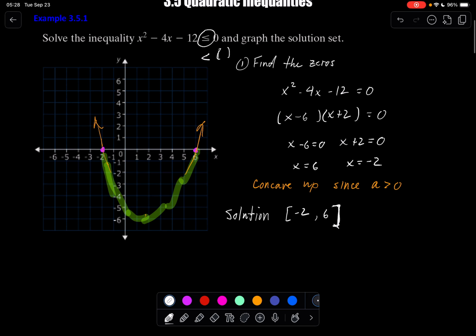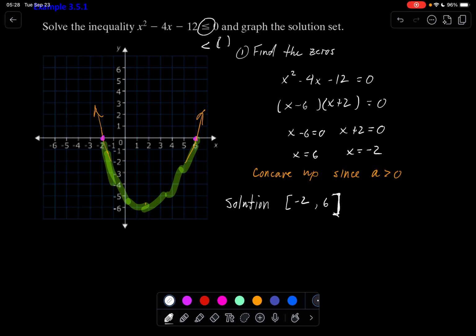So they say graph the solution set. So really all that means is, hey, draw yourself a real number line here, and we've got negative 2 to 6, and this is going to be everything between those.